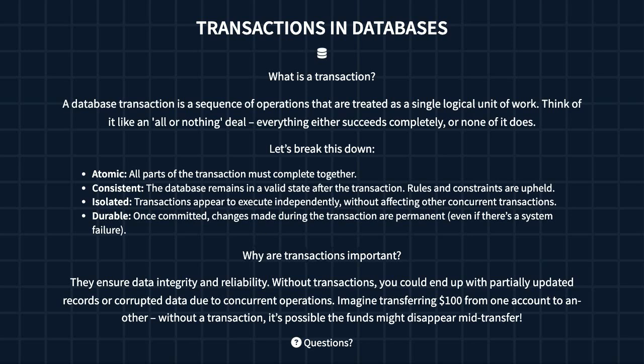The database needs to stay consistent too, so rules and constraints are always followed. Transactions also need to be isolated, which means they don't interfere with other things happening at the same time. And finally, they have to be durable, so once you've confirmed a transaction, those changes will stick around even if there's a power outage or something unexpected happens.